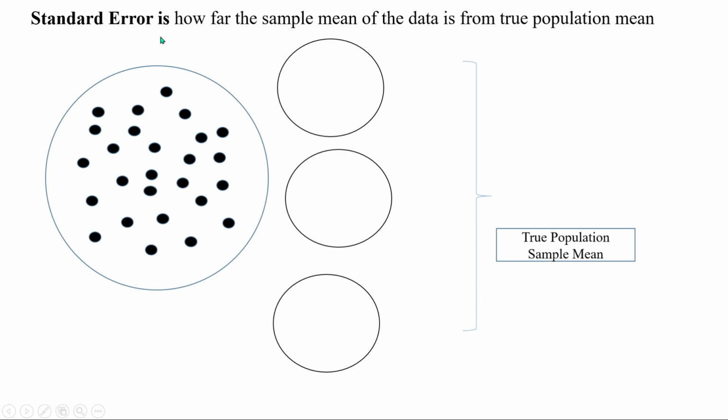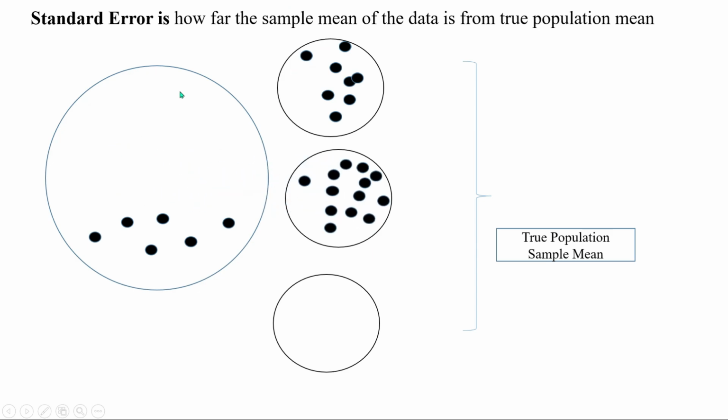But what about the standard error? Suppose again that these are the sample values, that means each individual value. From the individual values we take different subsets of samples. This is sample 1, this is sample 2, and this is sample 3.